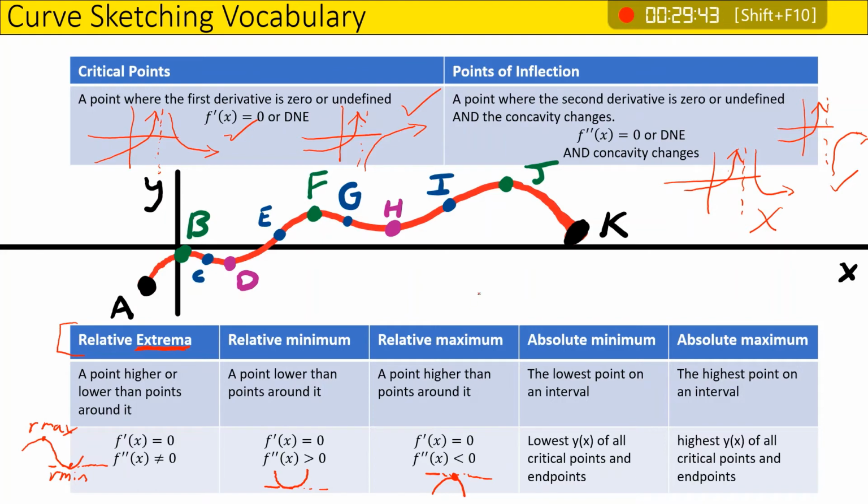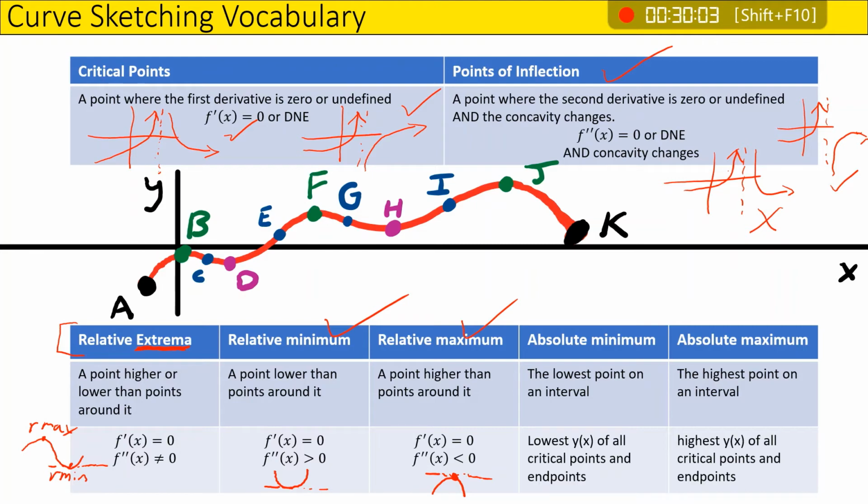Points of inflection. Right, okay, so we've got points of inflection, relative maximums. Which points are the relative minimums? I'm going to do Oliver again. D and H. D and H, okay, perfect.